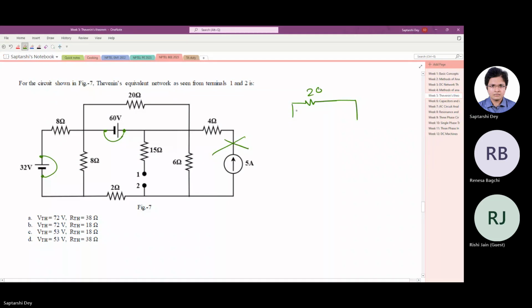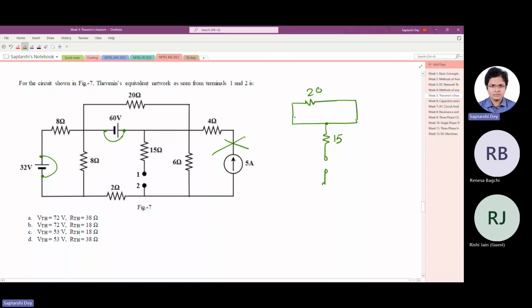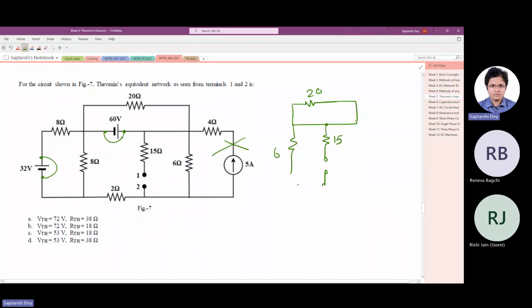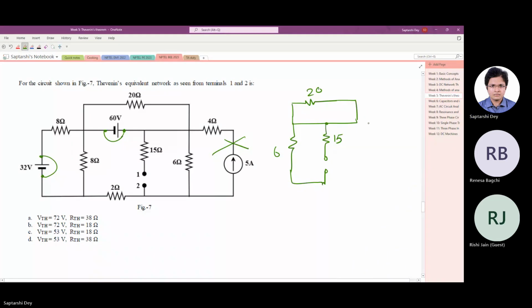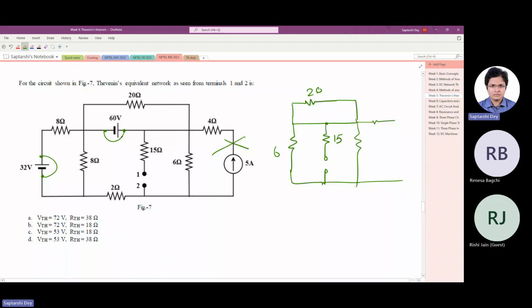I have to draw anyway. This 20 short circuit until there. Oh, this 20 short circuit, it looks like 15. These are terminals, and 4 and 2, 6, 6, another 6, and that is open circuit, so it doesn't come to the calculation. 20 is short circuited, so it's gone. So 6, 6, 3 and 3, 15, 18.